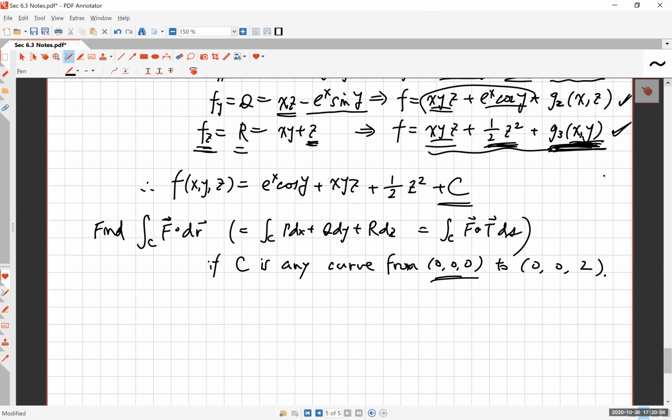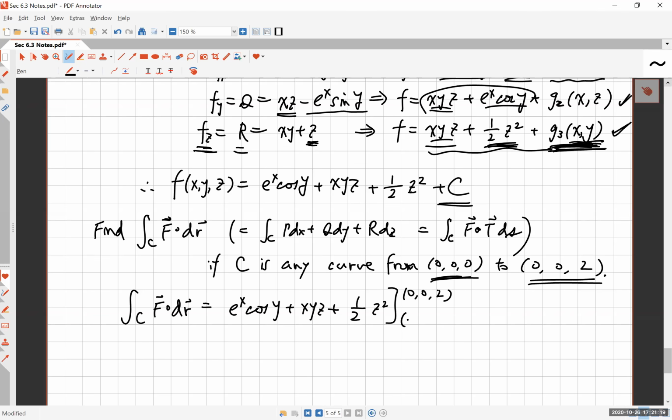It doesn't matter what kind of curve it is, as long as this is the starting point, initial point, and this is the terminal point. The answer, by the fundamental theorem of line integral, is e to the x cosine of y plus xyz plus 1/2 z squared evaluated at 0, 0, 2 minus this expression evaluated at the origin.